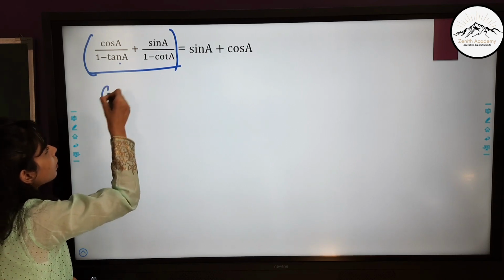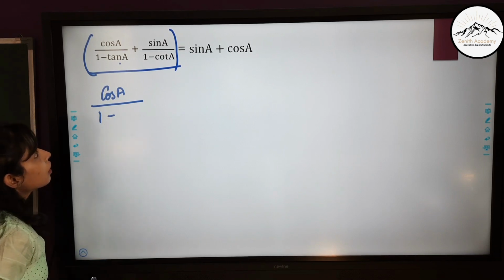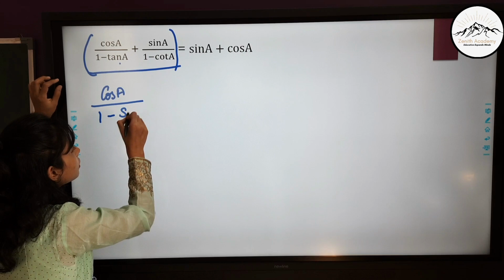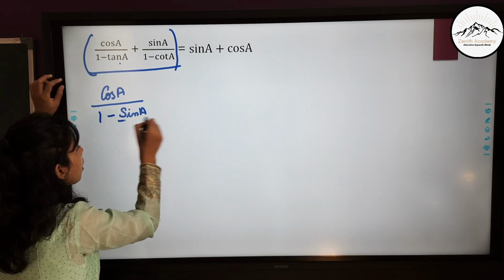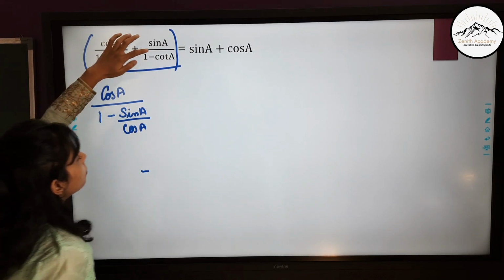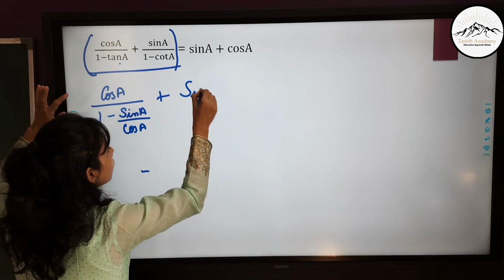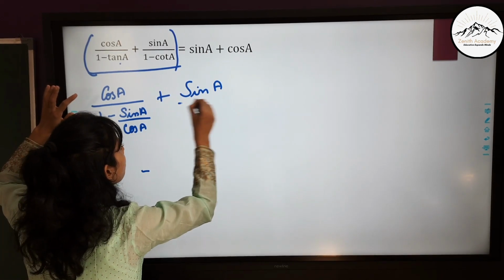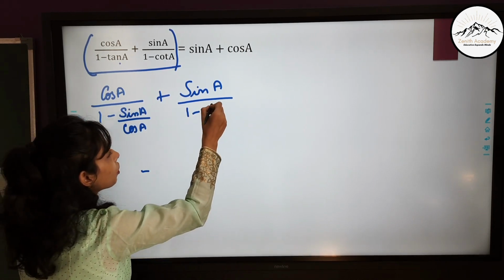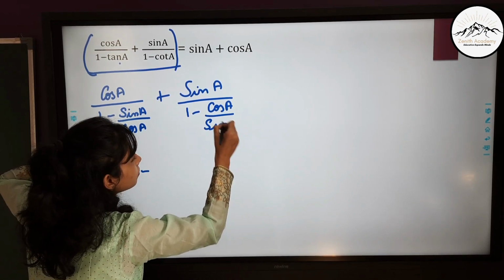Cos A upon 1 minus, now what is tan A? Sin A upon cos A. So this will be 1 minus sin A upon cos A, plus sin A upon 1 minus, what is cot A? The reciprocal of tan, that is cos A upon sin A.